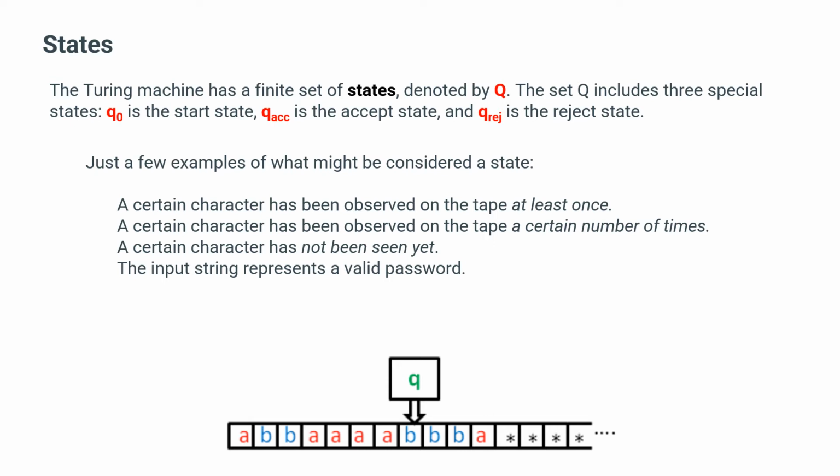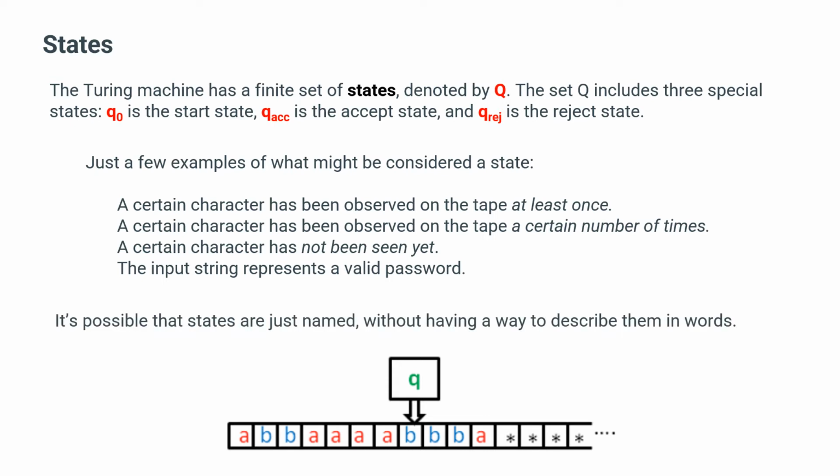Or a certain character has been observed on the tape a certain number of times, so maybe it's been observed 3 times or 5 times, something like that. A certain character has not been seen yet, or the input string represents a valid password. So these are just different examples of different states that we might see in a Turing machine.